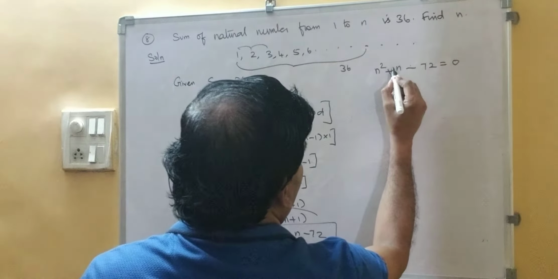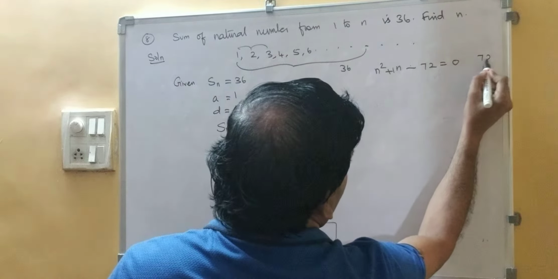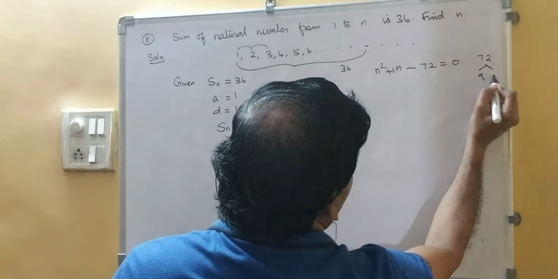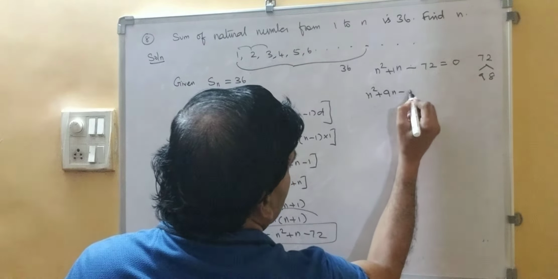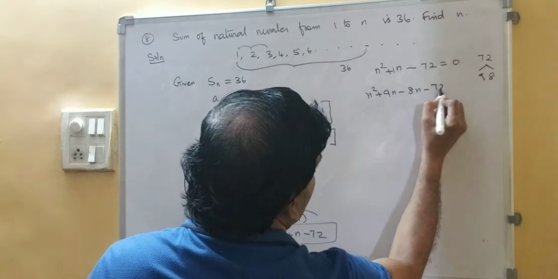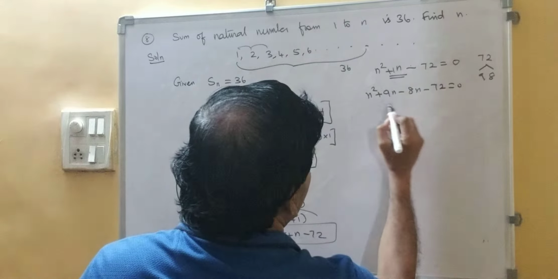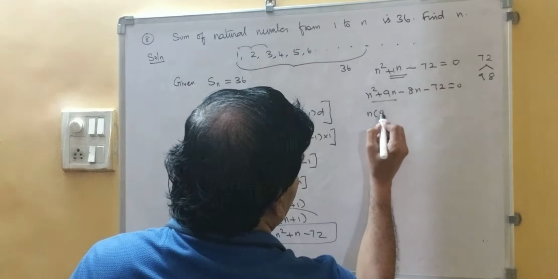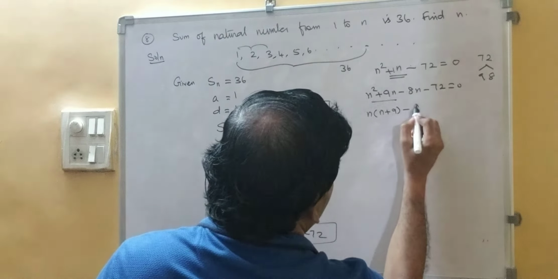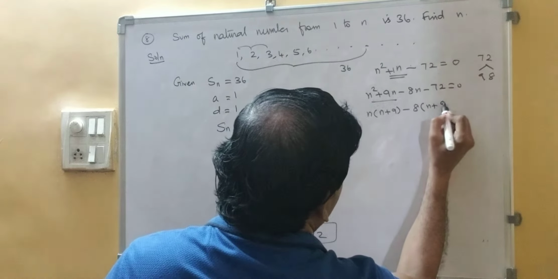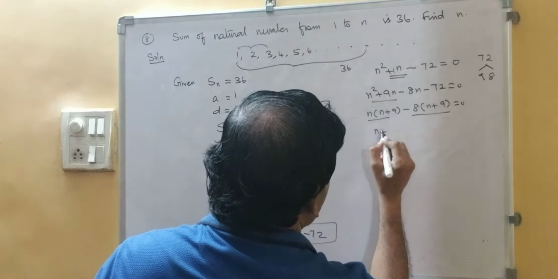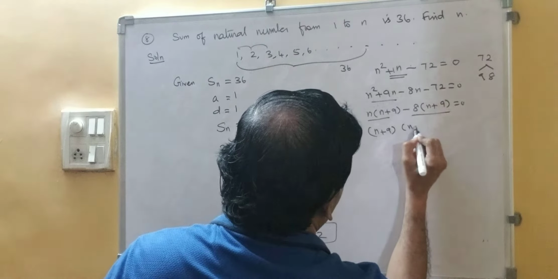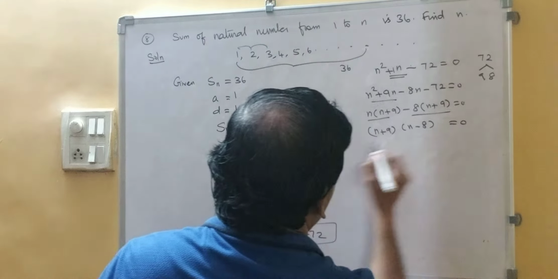What are the factors of 72? So n square plus 9n minus 8n minus 72 equal to 0. Take n common: n into n plus 9 minus 8 into n plus 9 equal to 0. What is common? n plus 9 into n minus 8 equal to 0.